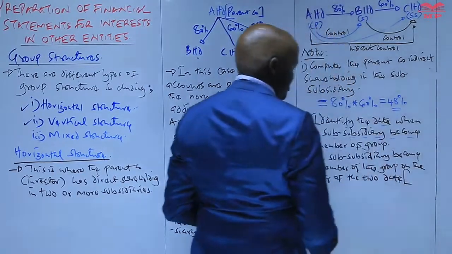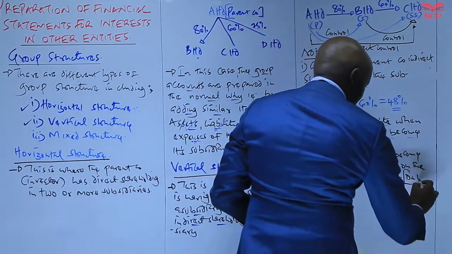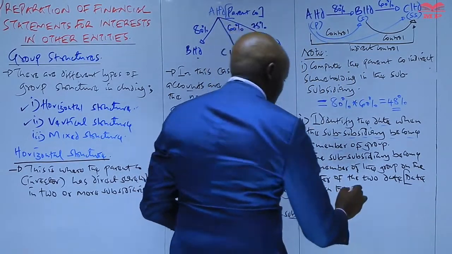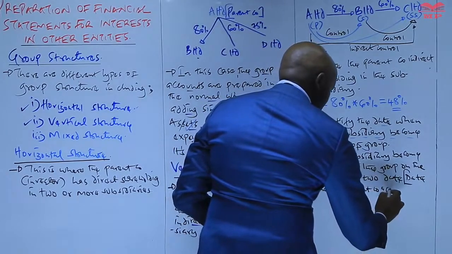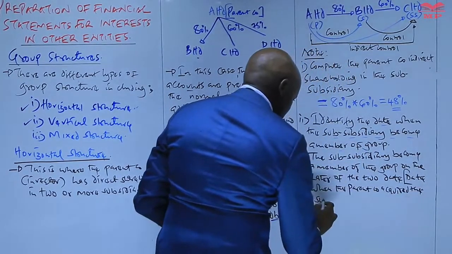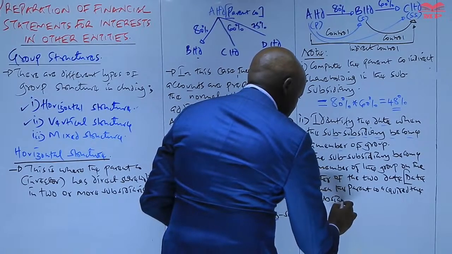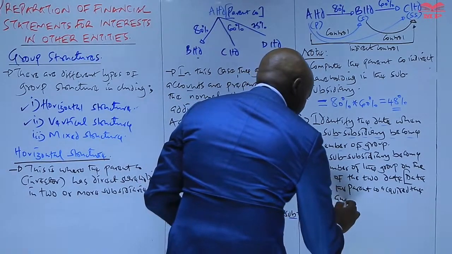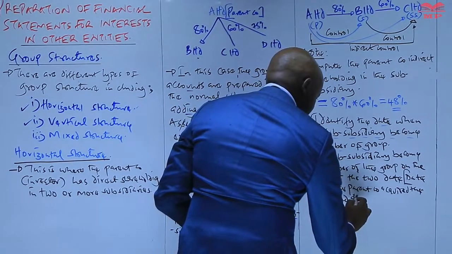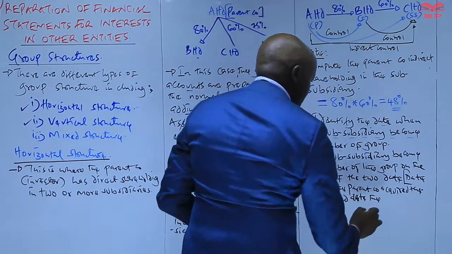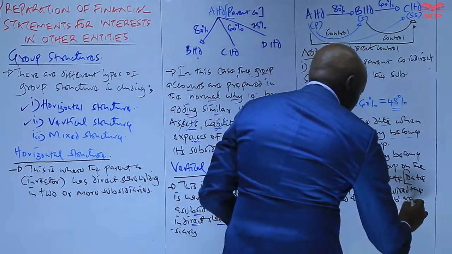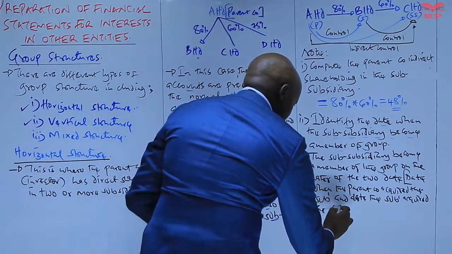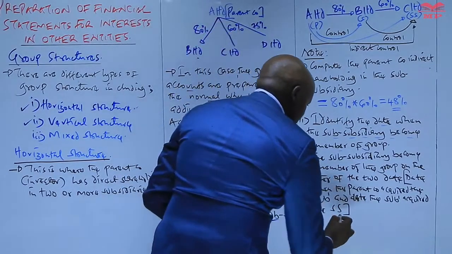So which are those particular two dates? We are talking of the date when the parent company acquired the subsidiary, and the date the subsidiary acquired the sub-subsidiary.